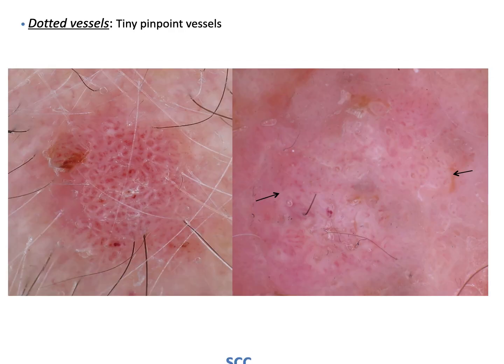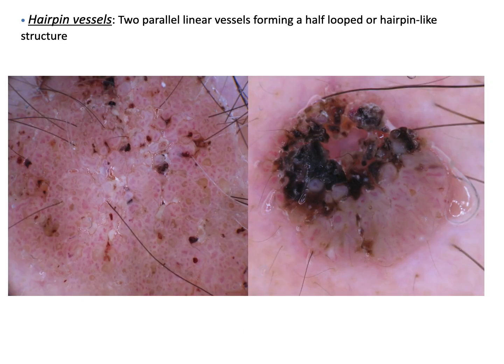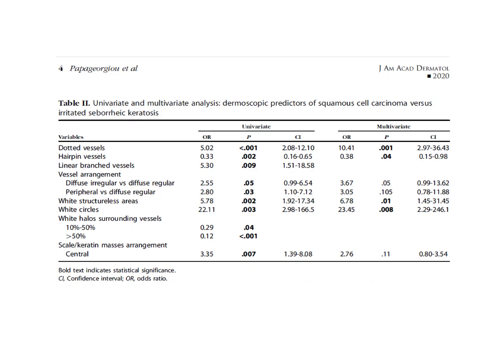For example, in these cases, the main vascular pattern we see is dotted vessels, and they are histologically confirmed SCCs, while in these cases, the main vascular pattern seen is the hairpin, and they are histologically confirmed irritated seborrheic keratoses.